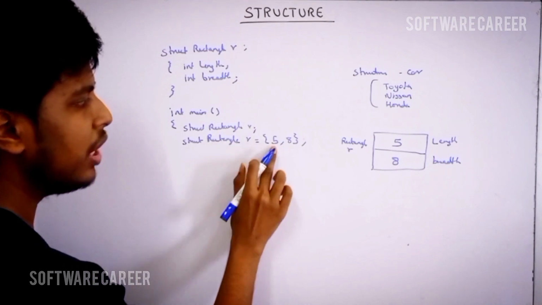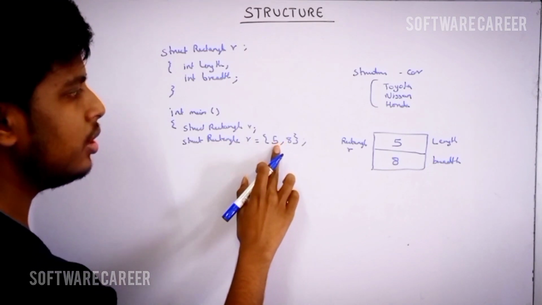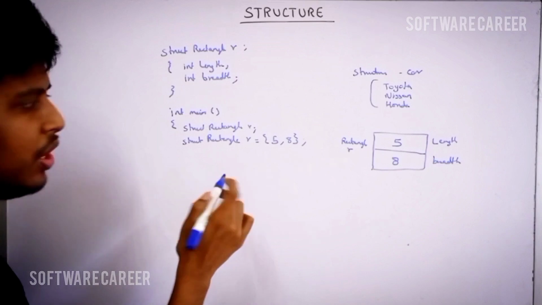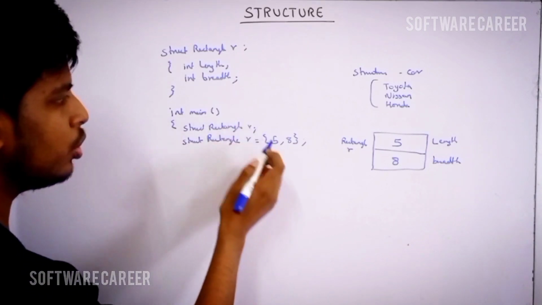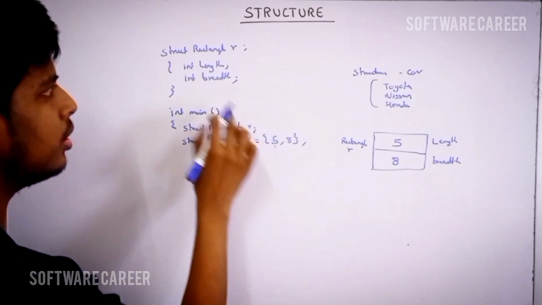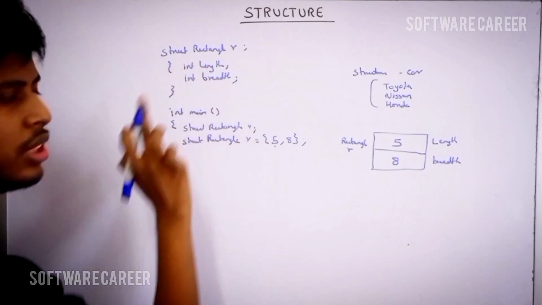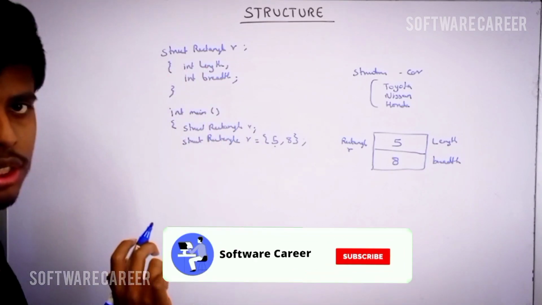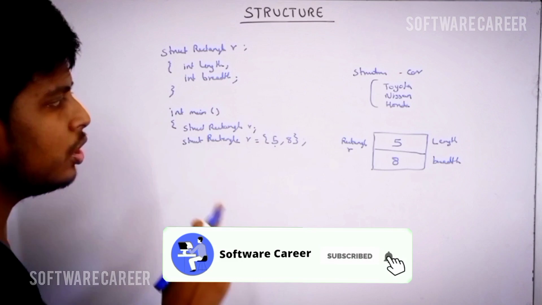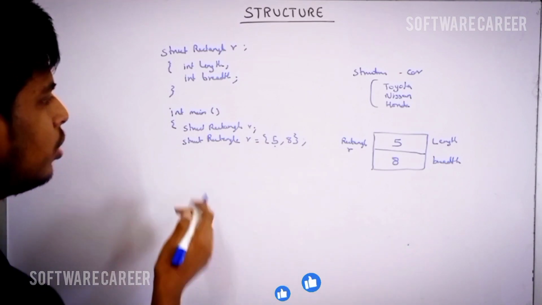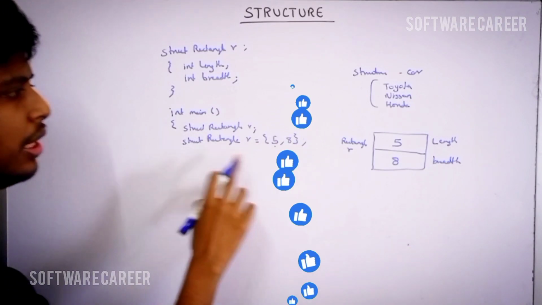If you write 8 and 5 here, it would mean length is 8, because length is defined first. So if you want 5 as the length, you should write 5 first, and breadth second. Now you have declared and initialized.